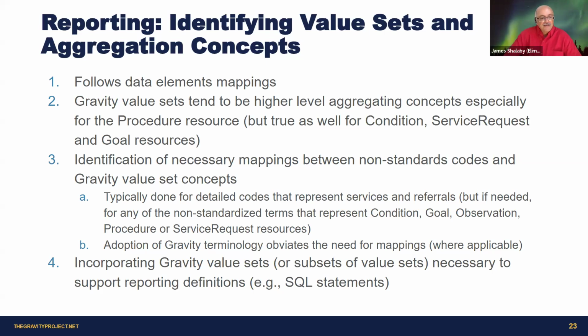But there's also the option for adoption of Gravity terminology where possible. That may apply more so in conditions, in goals, and may apply in service requests and in observations. So these are the two paths: either map or adopt.